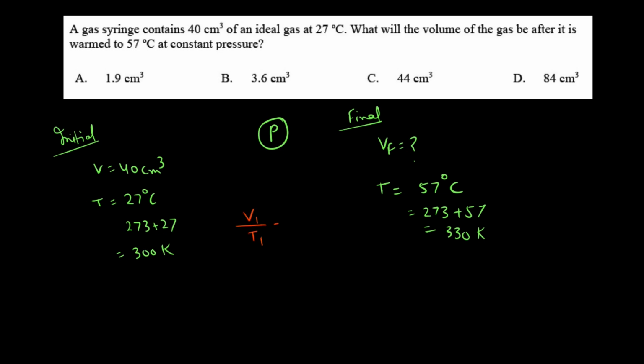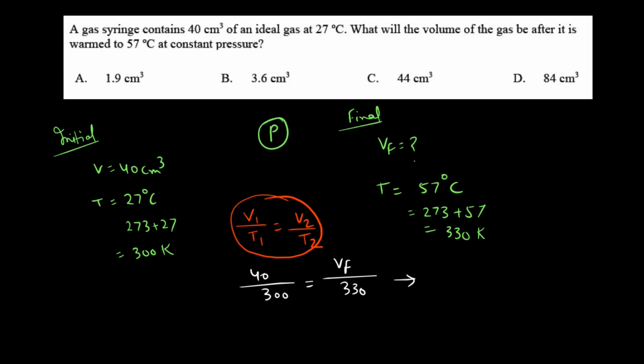V1 over T1 equals V2 over T2, okay, because pressure is constant, so we just plug in the values. 40 over 300 equals Vf over 330, so Vf equals 40 over 300 multiplied by 330. I just cross multiply this, so 0 0 cancel, 0 0 cancel, 33 by 11, so it is 44 cm cube. So the correct option is C option.